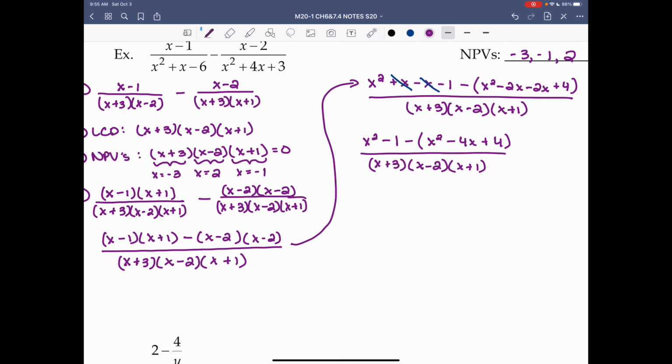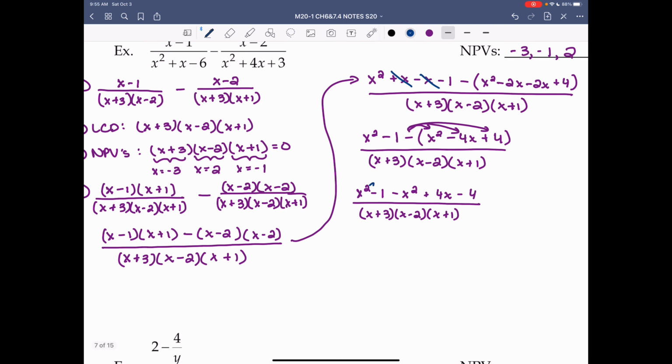We can now multiply this negative into this bracket here. We get x squared minus 1 minus x squared plus 4x minus 4 over x plus 3, x minus 2, x plus 1. And then simplify x squared and negative x squared. Those add to 0.